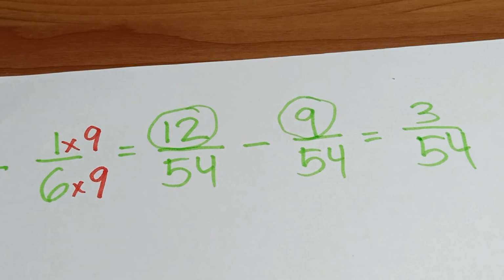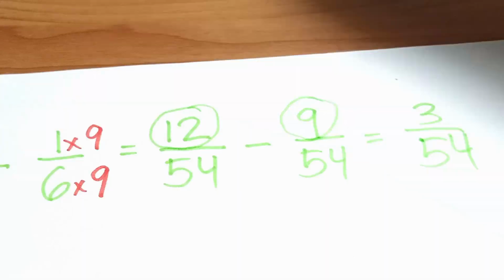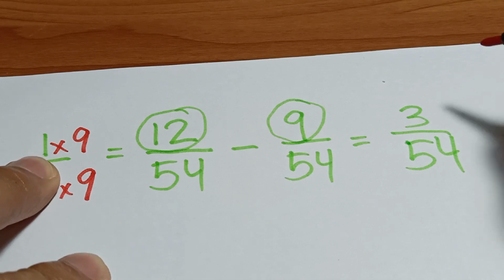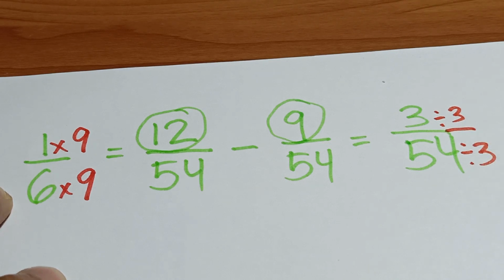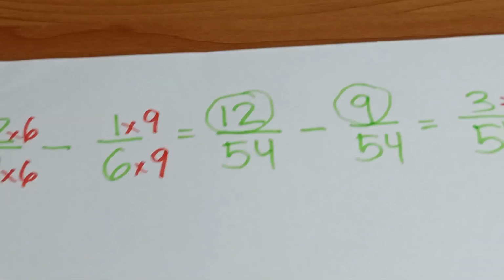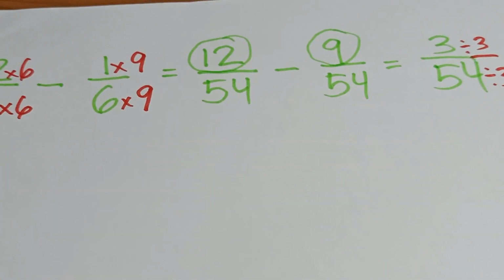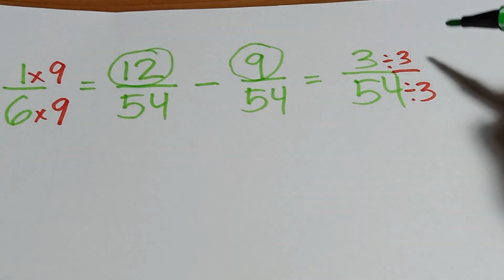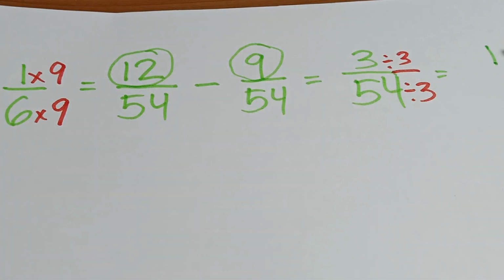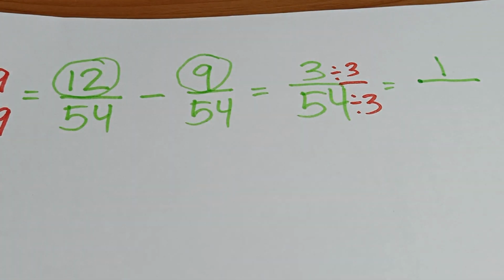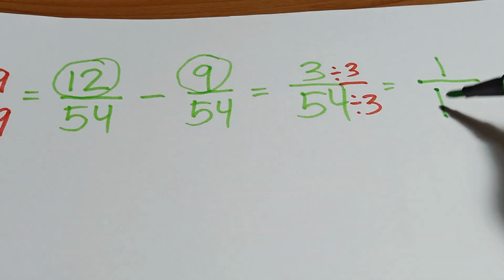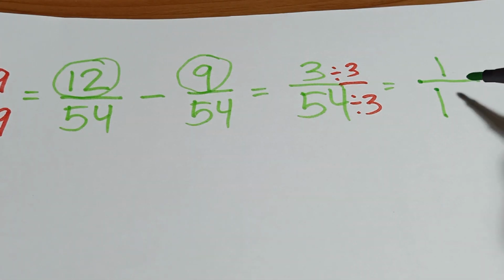But 3 over 54 can be simplified by dividing by 3. 3 divided by 3 is 1, and 54 divided by 3 is 18.